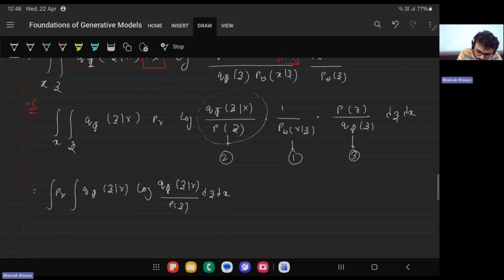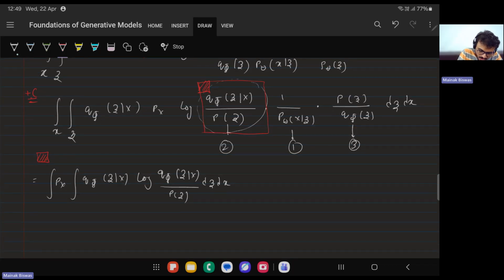This is my term with the red block, again with a dagger over here. And this first term becomes equal to the expected value over p of x of the DKL divergence between q phi of z given x and p of z, exactly the term that we needed.